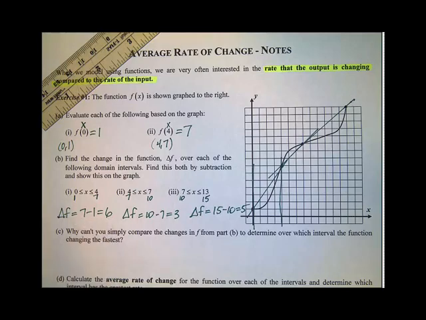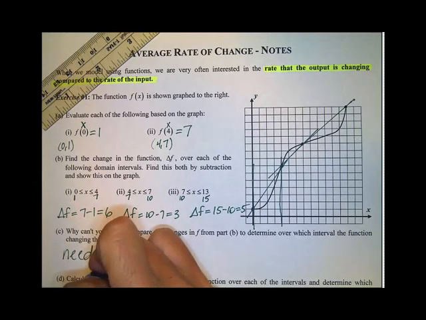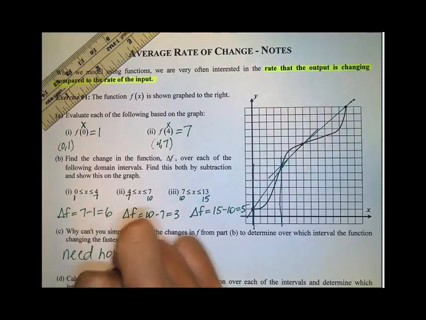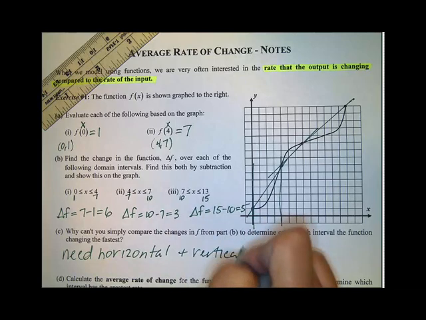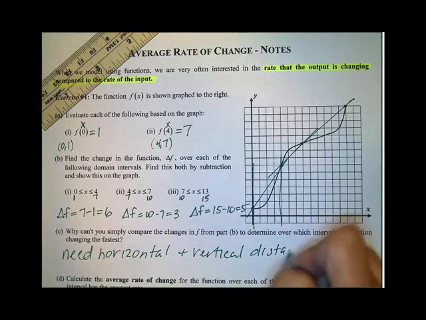So what do we also need? We need horizontal and vertical distances, not just one. Okay, we need both.